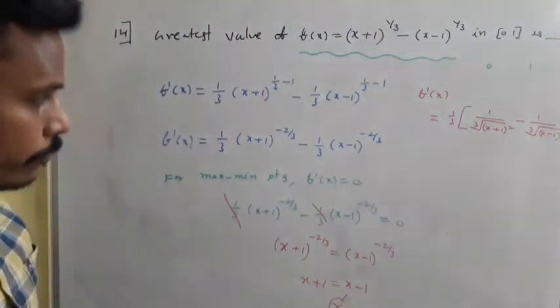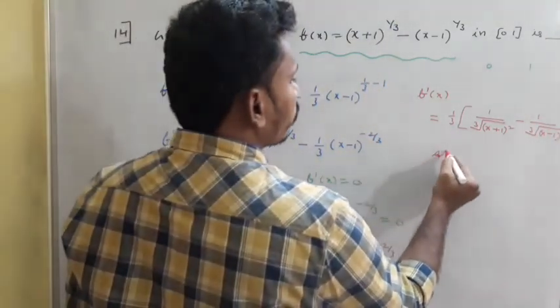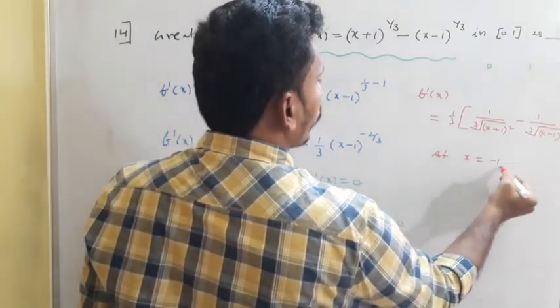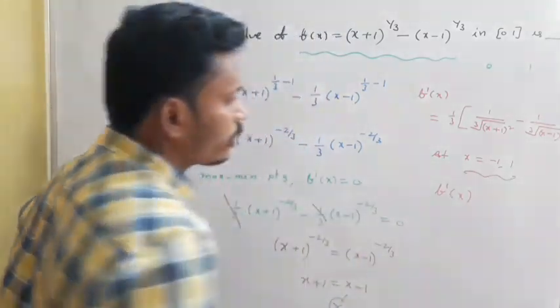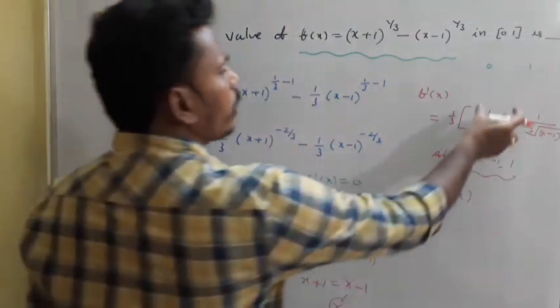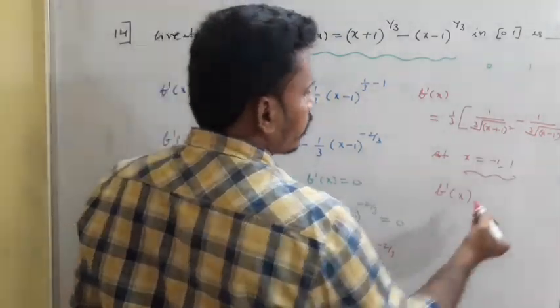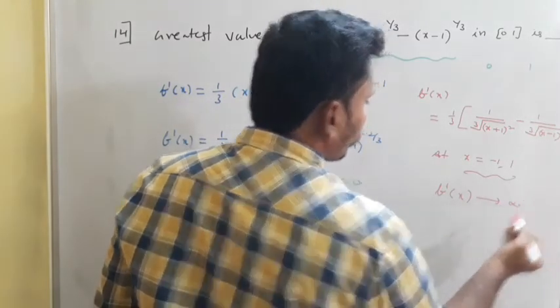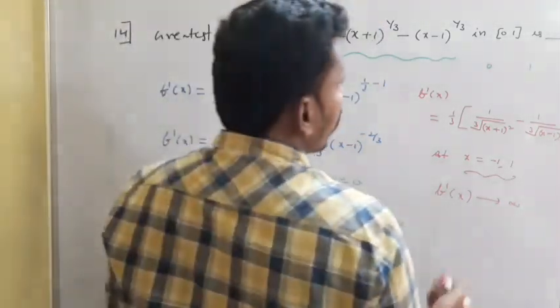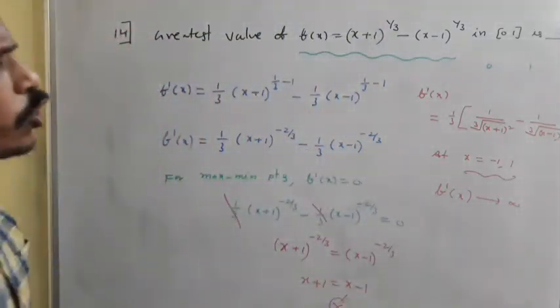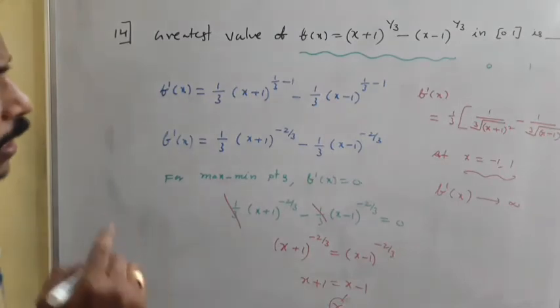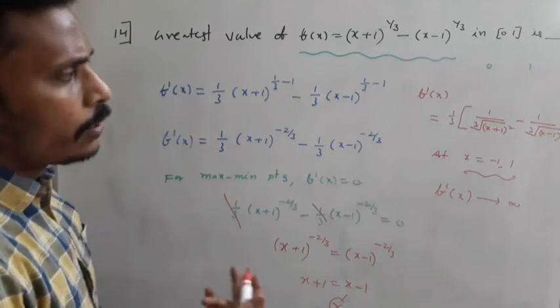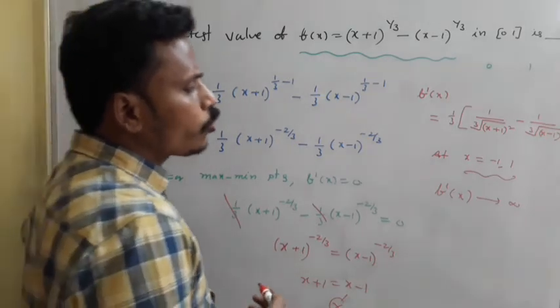If you observe, at x equals minus 1, 1, at these points f dash x leads to infinity. So at 1 it leads to infinity, okay?